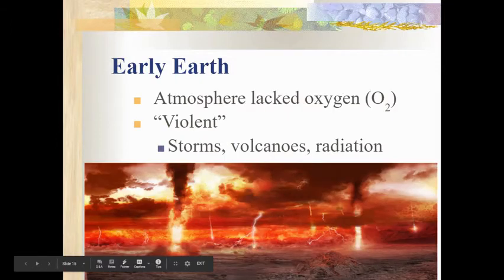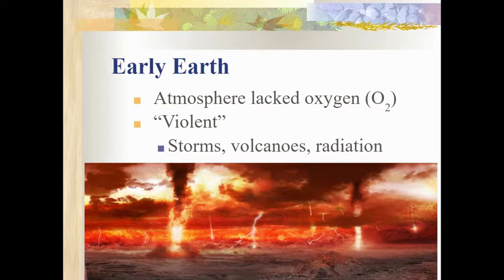One important thing to note is that the atmosphere lacked oxygen, something that life is dependent upon today. And early Earth is called a violent place because it would have been very unstable. Lots of storms, volcanoes, radiation, so a very inhospitable place.